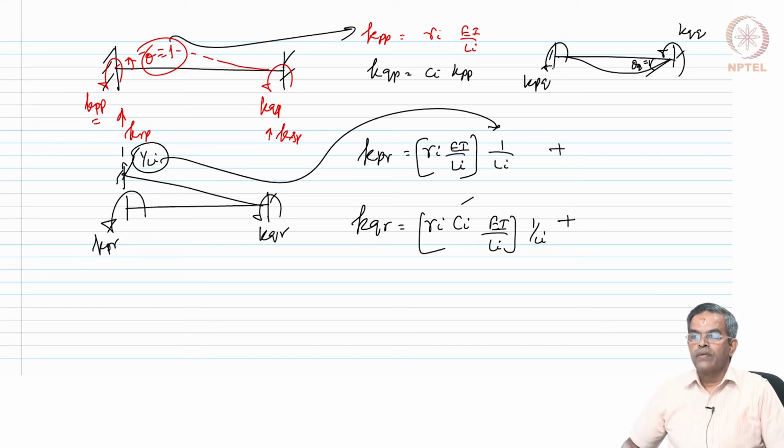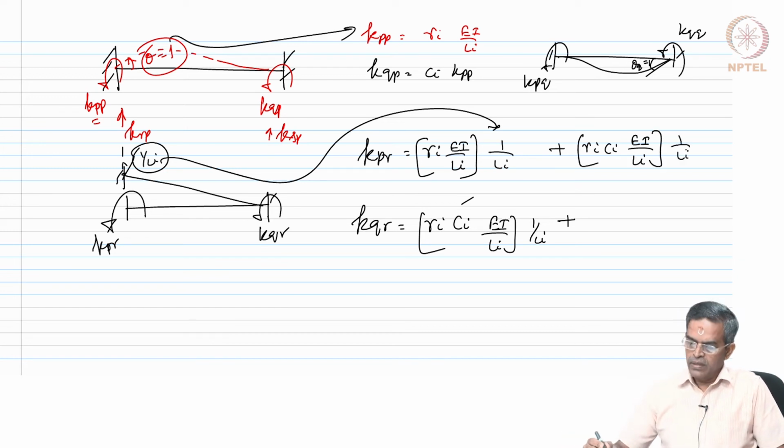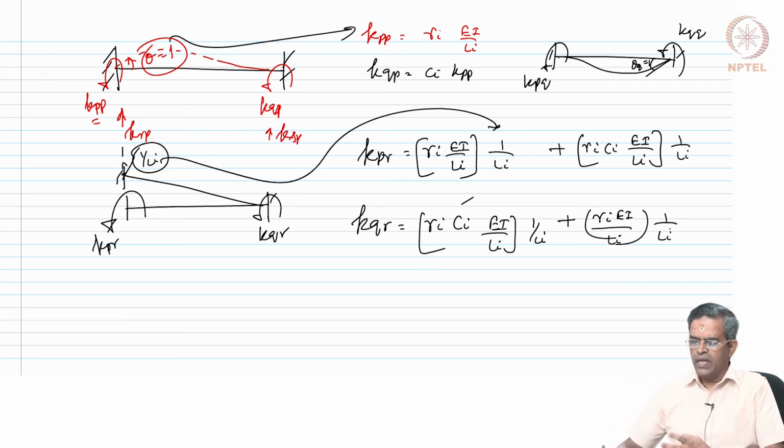So, now I can add that contribution here as this is just swapped RACI EI by Li times of 1 by Li, and this is swapped Ri EI by Li of 1 by Li. We already derived this in the last lecture, you can verify that.